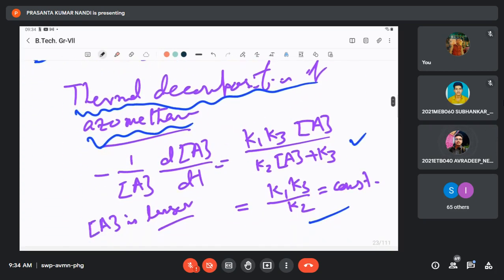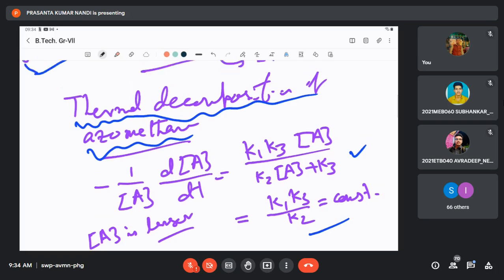Now I can give you a practical example: the thermal decomposition of azomethane. Azomethane is a chemical species, as you know, with formula CH3N2CH3. For the thermal decomposition of azomethane, we can write the expression that we obtained from the rate equation that we derived, rewritten like this.